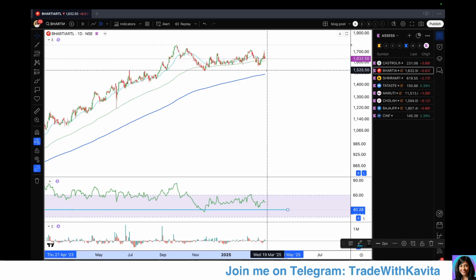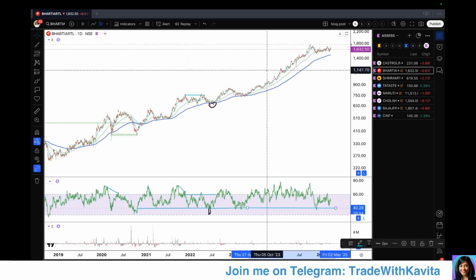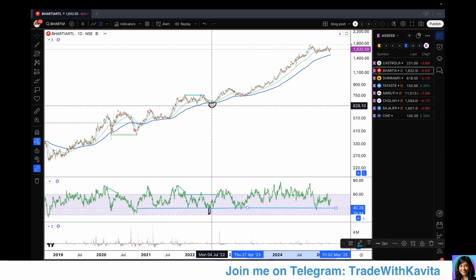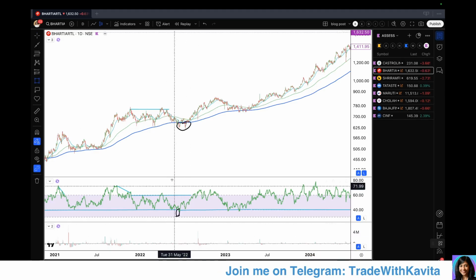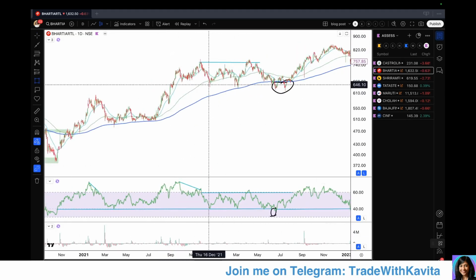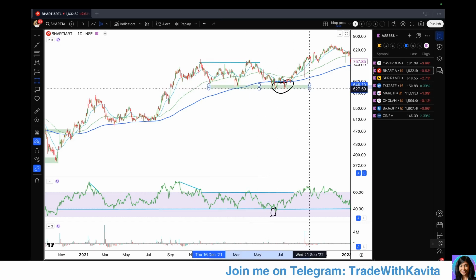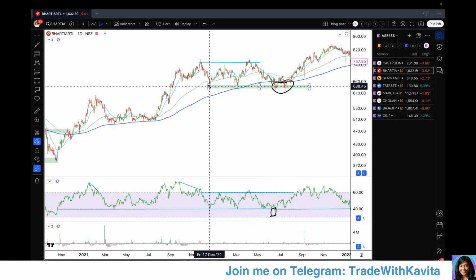Now, given the history of the stock, we would expect the 250 EMA. Another thing is that you see within this correction also, it did not really breach the key low, right? It did not forge a new low.